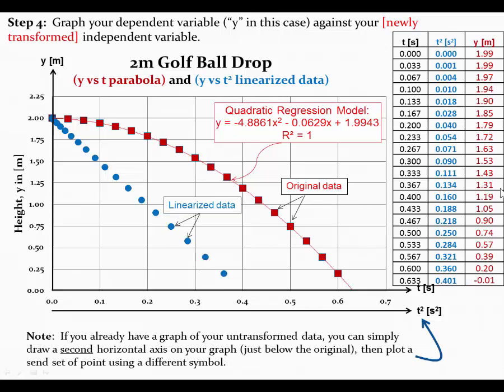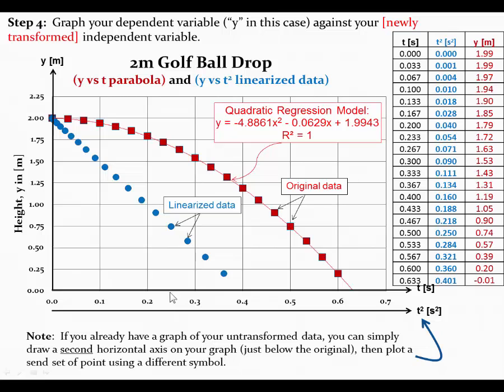And let me show you how that works for a couple of points. For example, at time 0, or times when time squared is 0, our height is 1.99. So at 0, we're up at 1.99, and that's that point right there. And let me pick out another sample point over here. For example, at time squared equals 0.25, we should be at a height of 0.74.